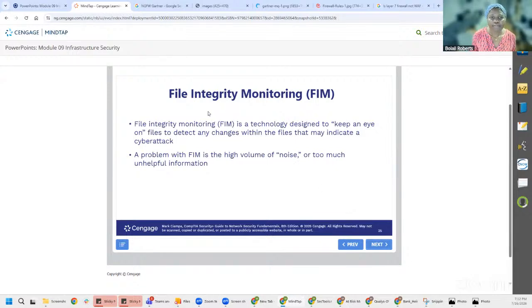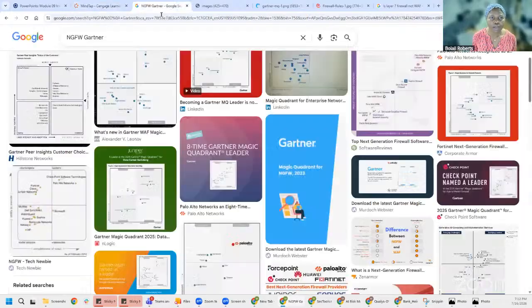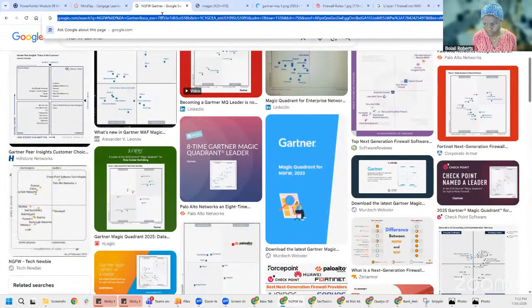Then we have file integrity monitoring. So part of the things that attackers attempt to do, I think we should take a break. Let's take 5 minutes. Actually, let's be back by 7:20. Let's take an 8 minute break.